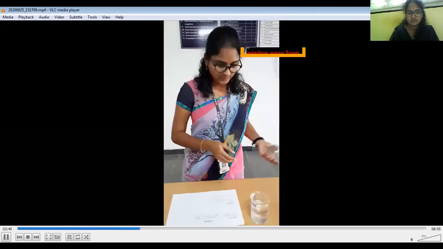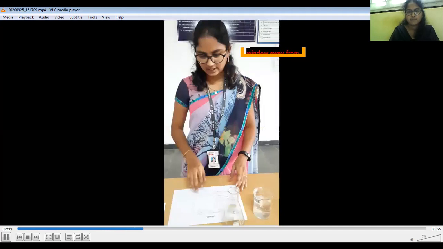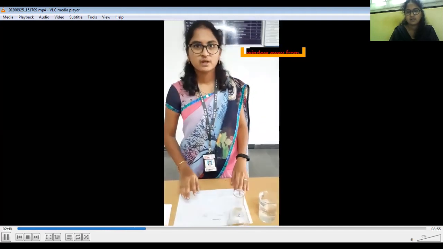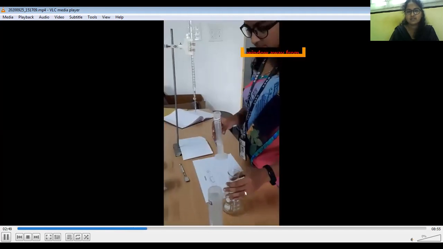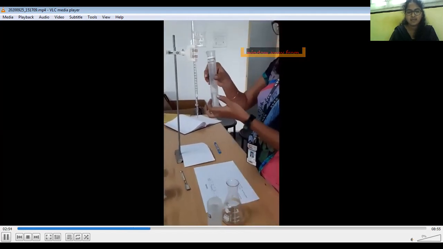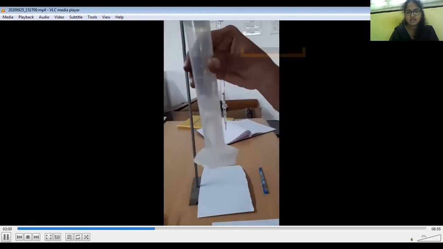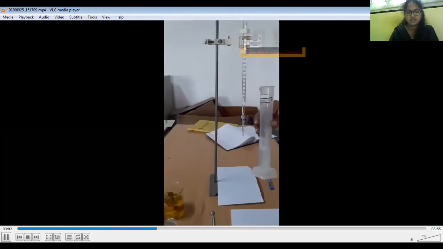Now take a conical flask. Pour 20 ml of the given sample in a measuring cylinder. That's done.